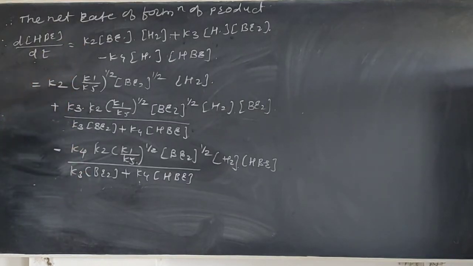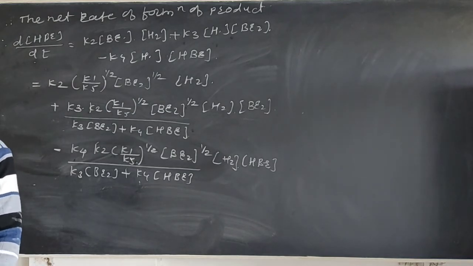Now observe this equation. Here some terms are common. K1 K5 raised to half is common. K2 is common.